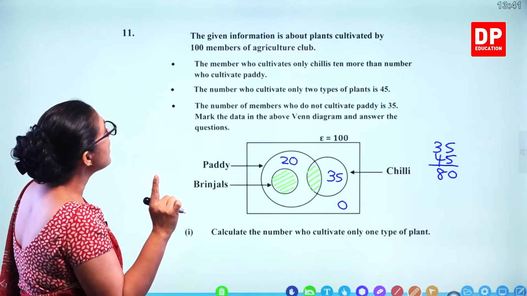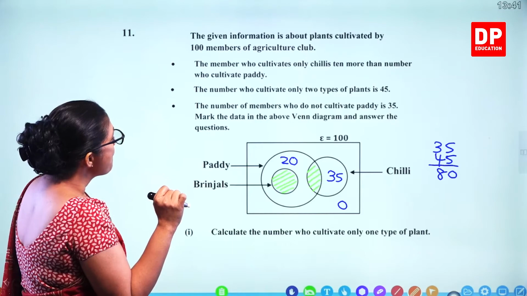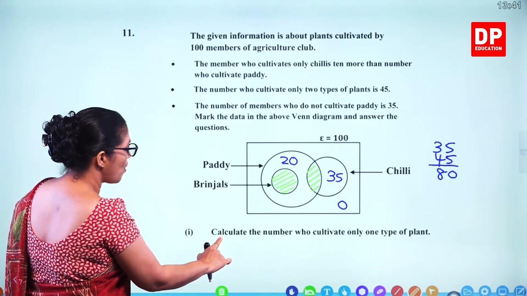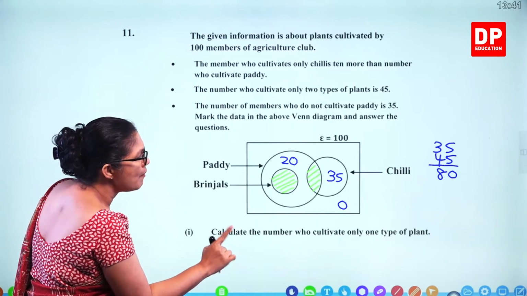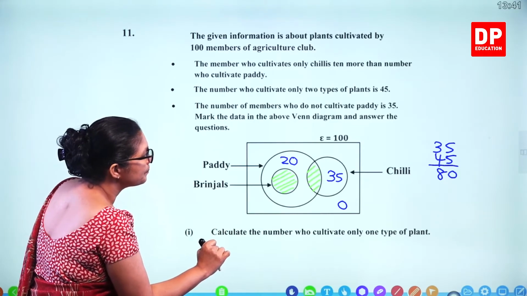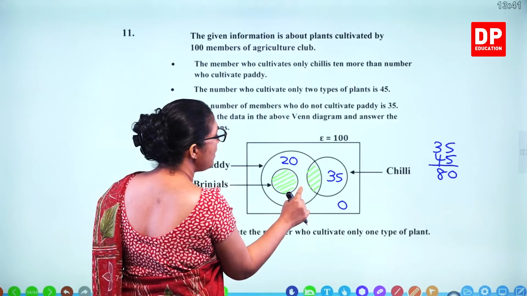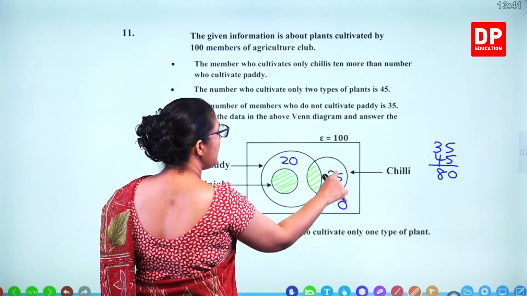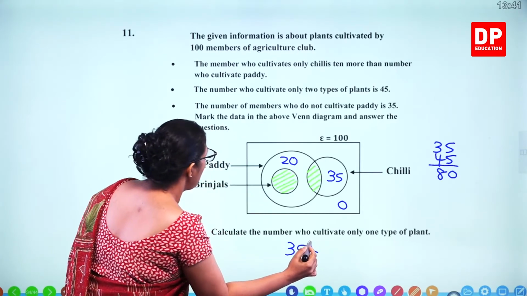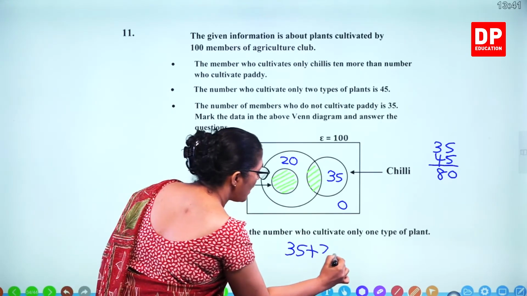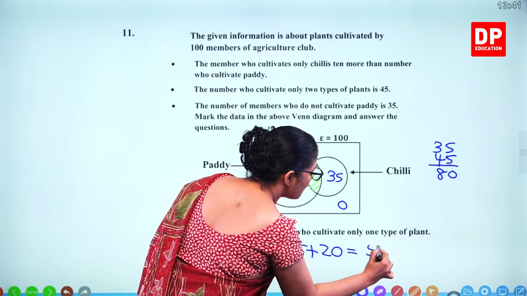So we can mark that. And we'll try to answer this question. Calculate the number who cultivate only one type of plant. So that means only. This is chili, 35 only, and paddy only 20, you get 55.